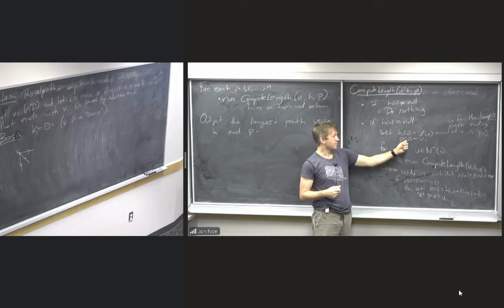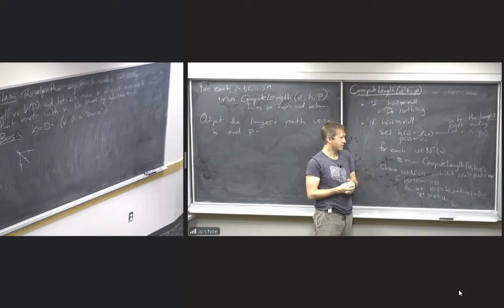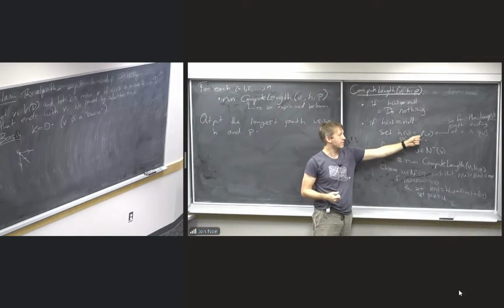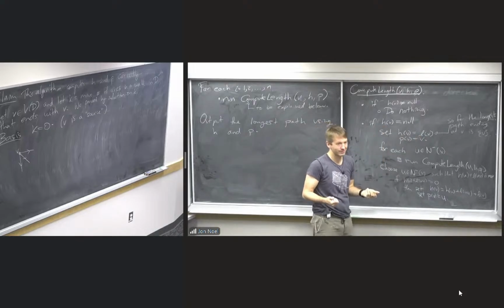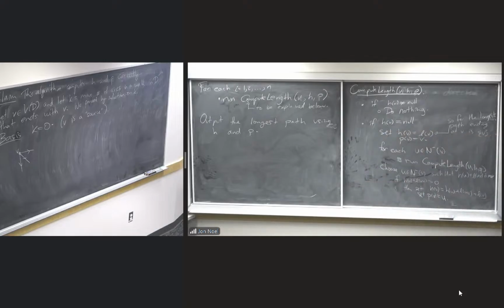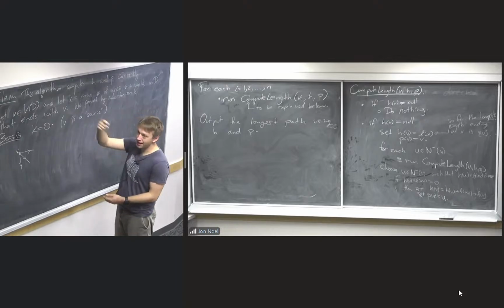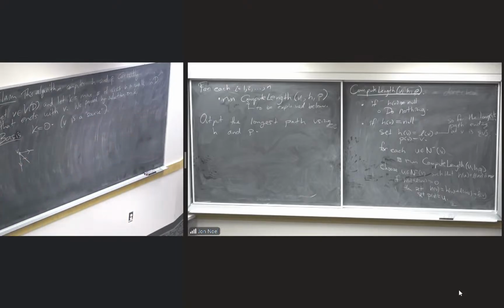It sets the parent of v to be v, meaning there is no parent, basically. And then none of this is going to happen, because there are no in-neighbors of v. It's not going to choose any u because there are none. It's just going to compute that the length of the longest path is the length of v, and that's correct. Every other time it's run, this thing will be non-null, and it's just going to do nothing.